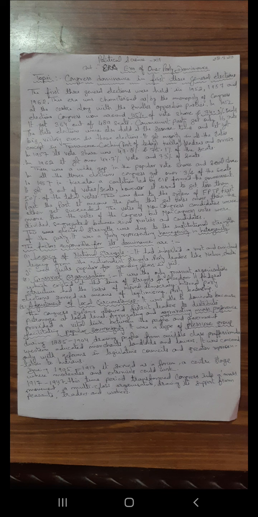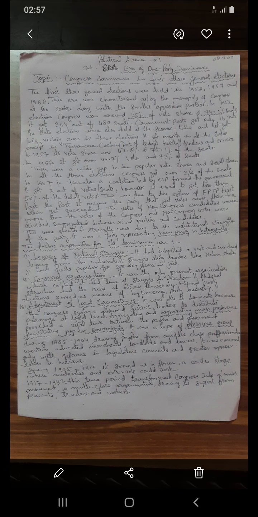During this time it drew people from the middle class: professionals, western educated merchants, landlords and lawyers. It was concerned only with reforms in the legislative council and greater representation to Indians, because this was the time when British rule was there in our country.